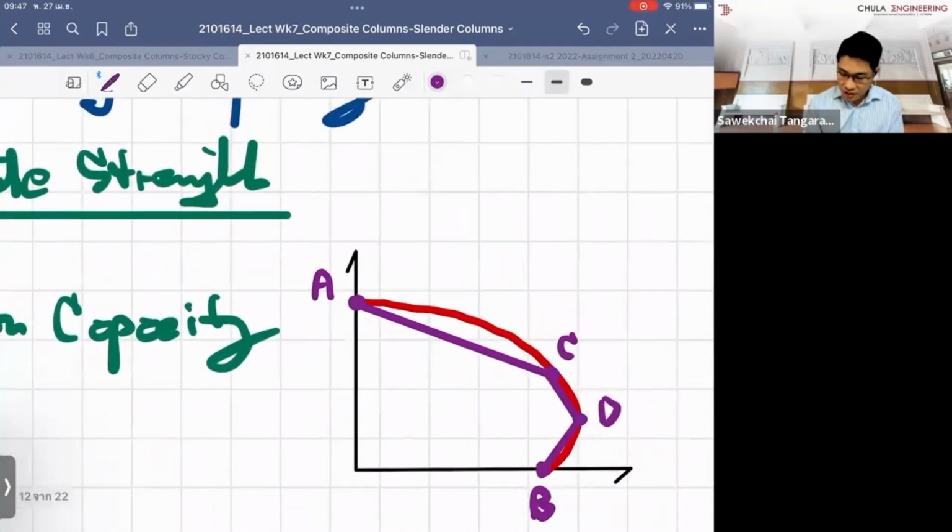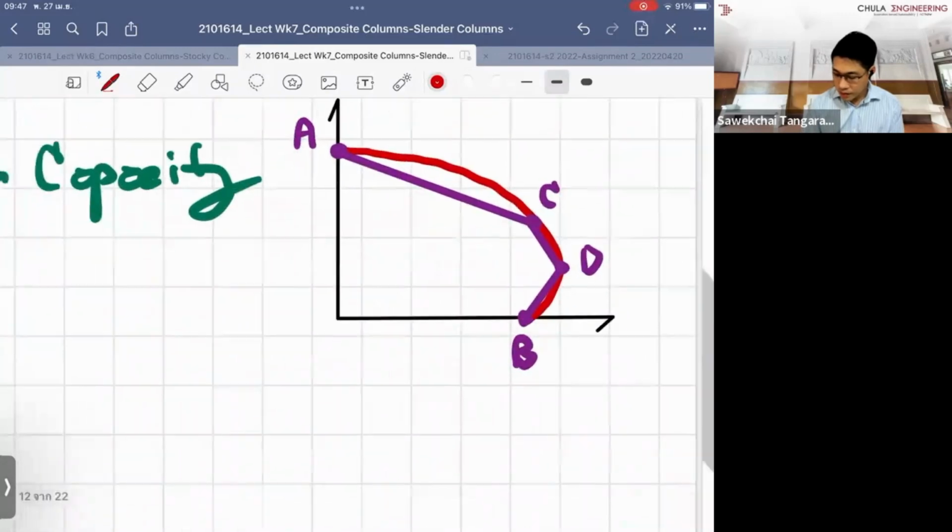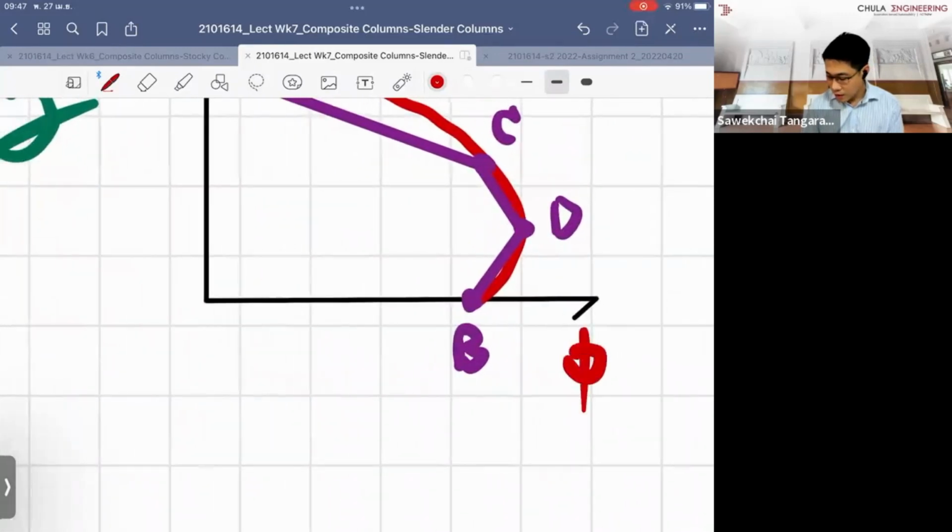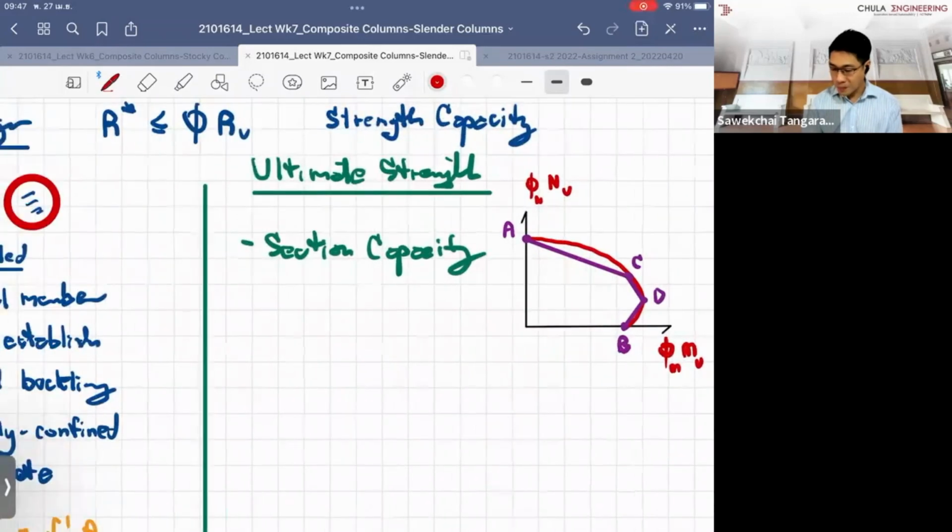When you plot the interaction diagram, I suggest you take the reduction capacity for the axial force and multiply it with N_u, and take the reduction capacity for pure bending and multiply it with M_u.